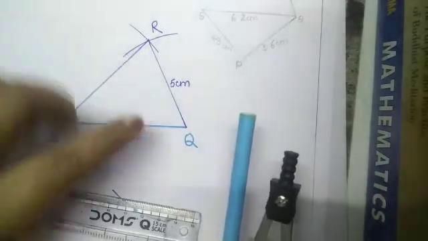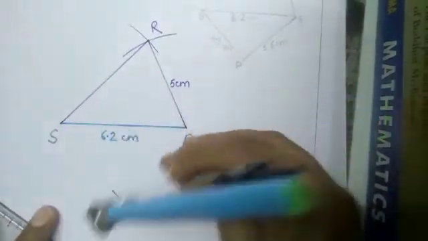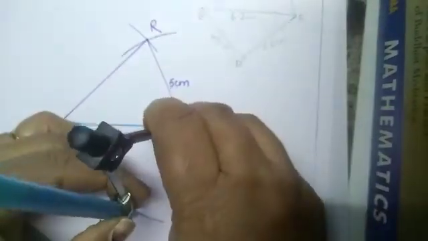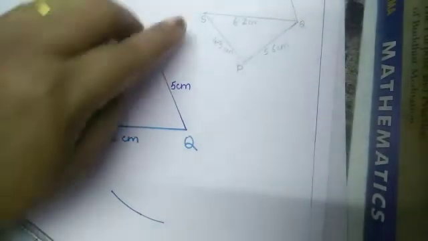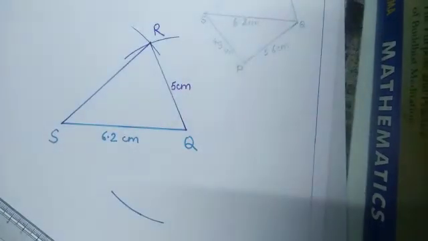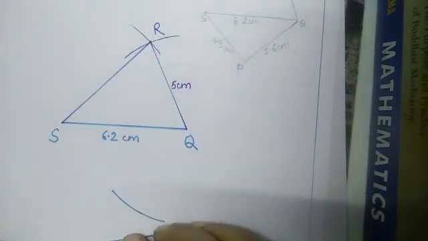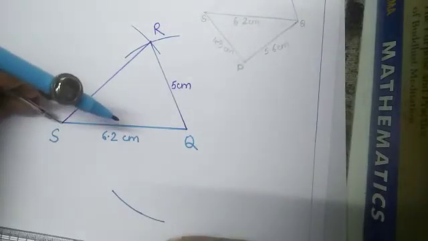We have drawn QR and SR by the given measures, and now take PQ as 5.6 centimeter in our scale and draw that arc. From Q we have taken one arc of 5.6 centimeter. Now from S to P, what measure? 4.3. So take the measure of 4.3. You will use only a pencil, children, and draw the arcs.